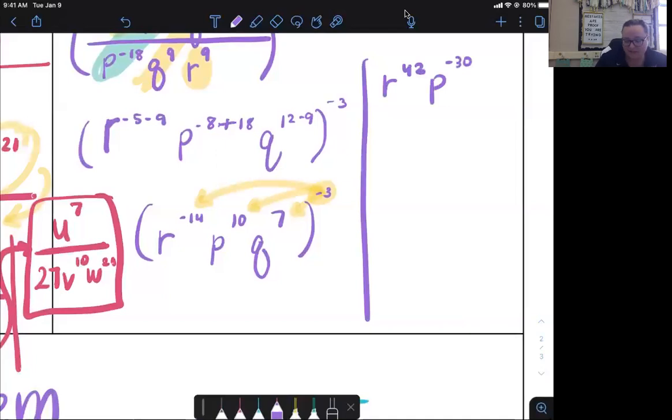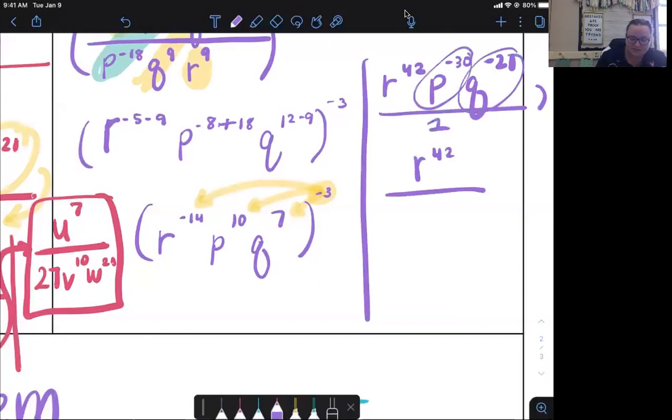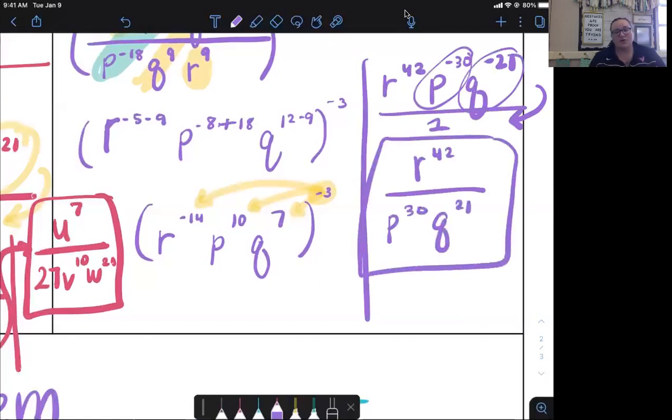And then q to the 7th to the -3 is -21. So now r has a positive exponent. We're going to leave that in our numerator. But these two negative exponents need to be moved to the denominator. So we're going to have p to the 30th and then q to the 21st. Whew, so many steps. That's kind of fun, isn't it?